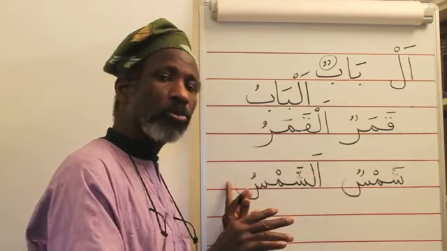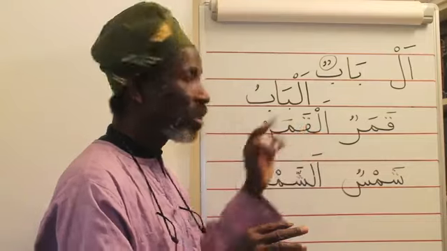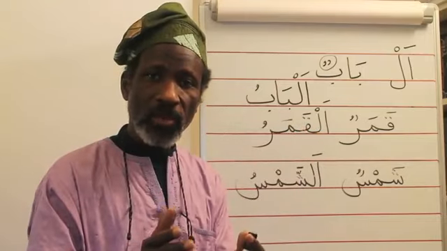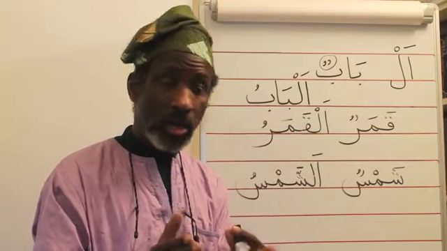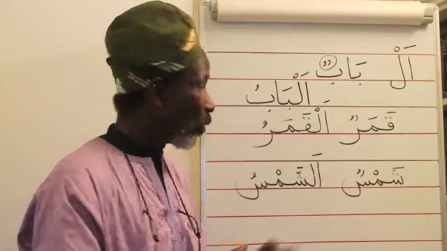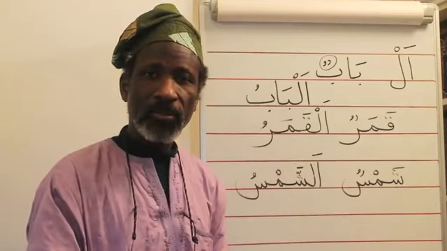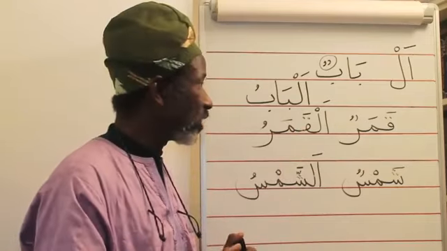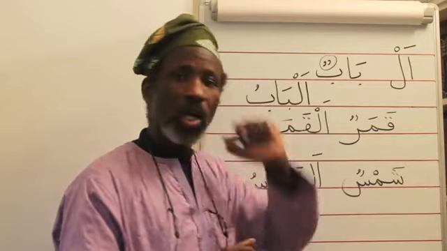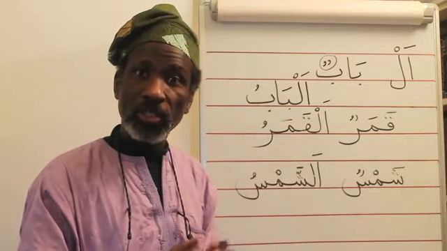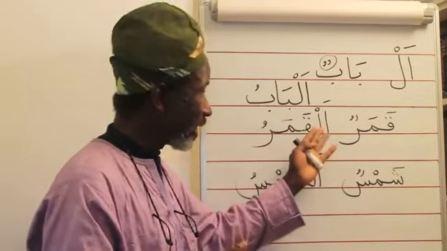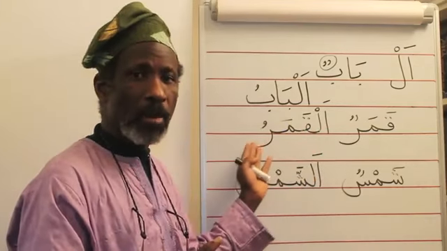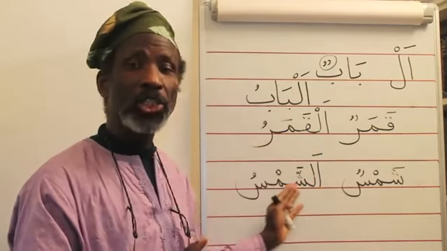So you are linking the a with sh. Ash-shams. Whereas here, the moon letters, when they come after the al, will not be carrying any shadda. So there is no reason why the sukoon on lam should not stay. Hence you hear it clearly, al-qamar. But here, ash-shams.